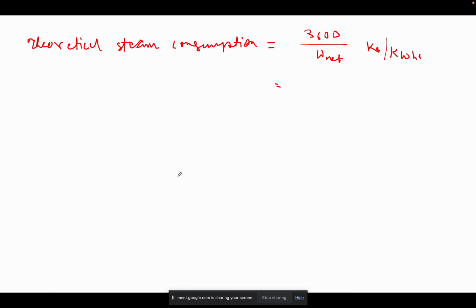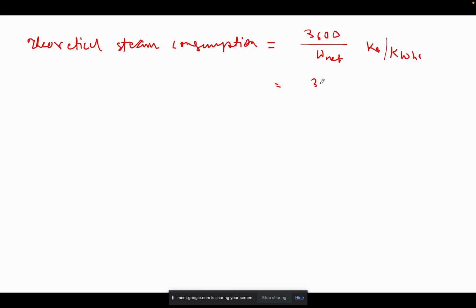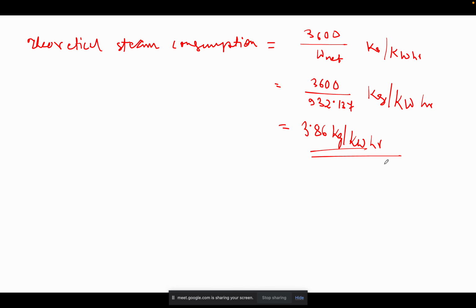We have already got W net as 932.137, so 3600 divided by 932.137 is 3.86 kg per kilowatt hour.